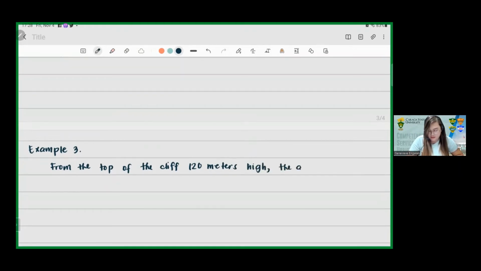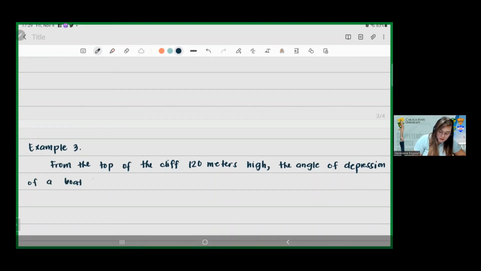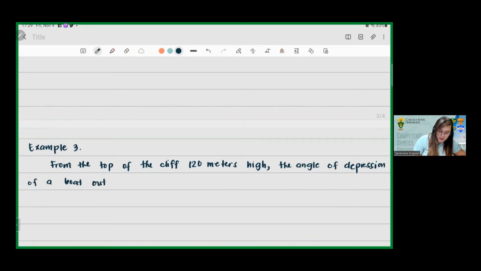The angle of depression of a boat out at sea is 30 degrees.